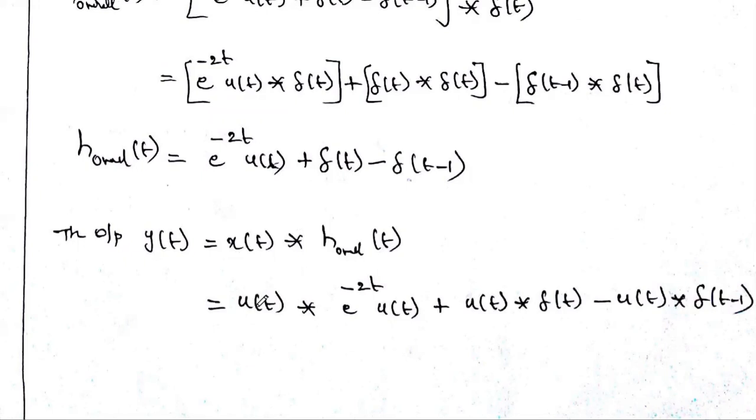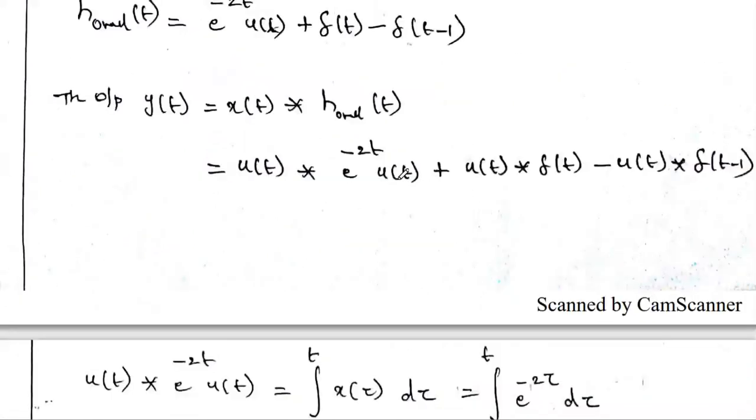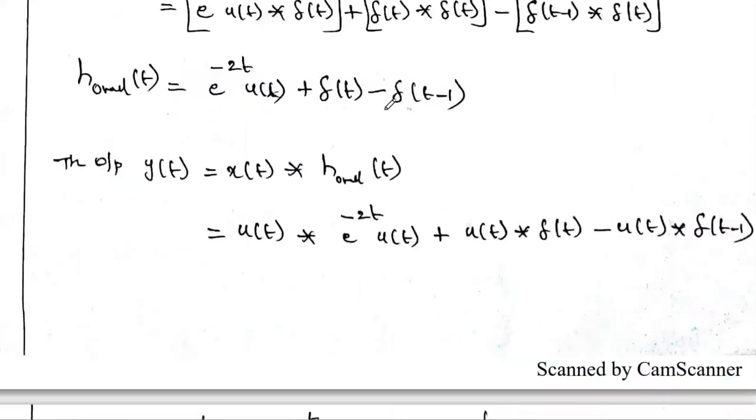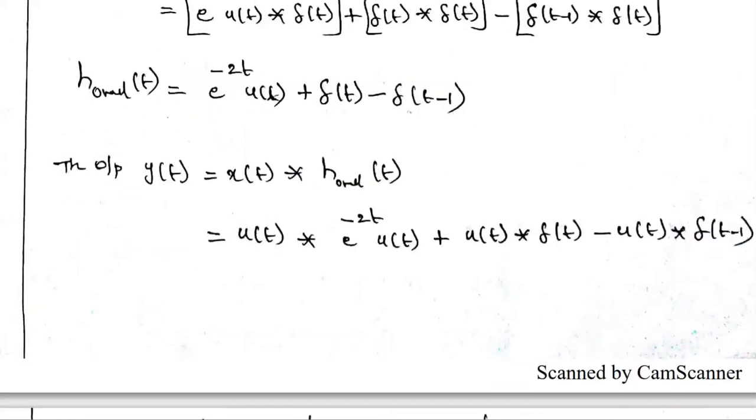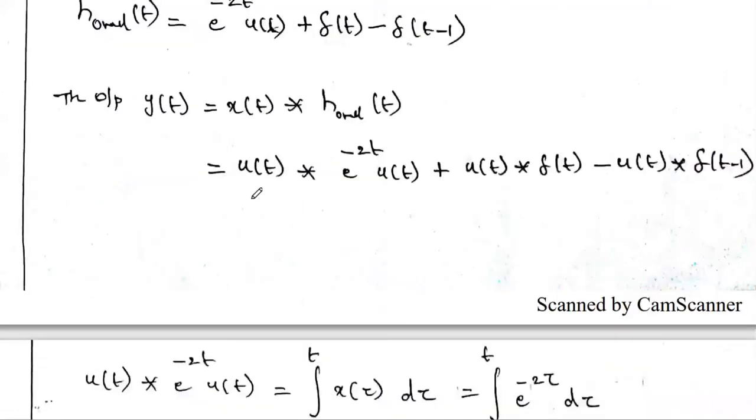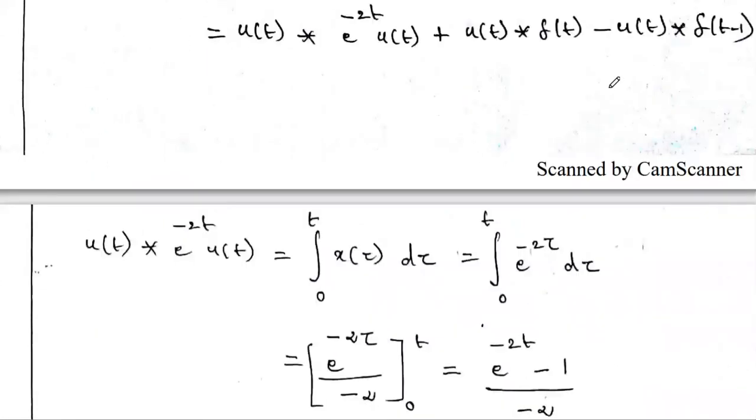So unit step signal convolution with the overall impulse response: e power minus 2t u of t plus del of t minus del of t minus 1. You perform convolution with each term, calculate each convolution separately, and add the answers.